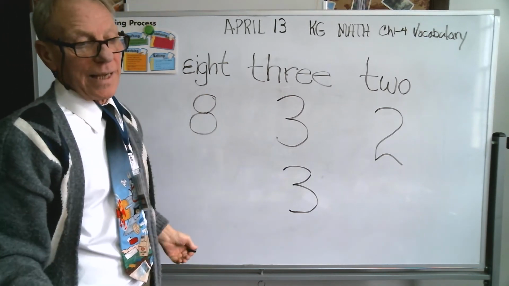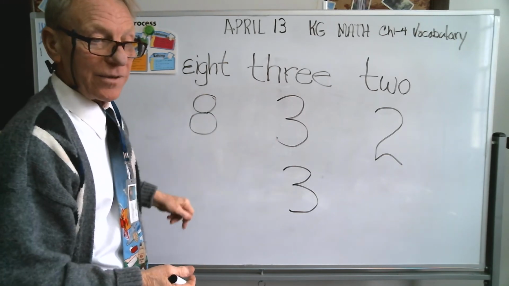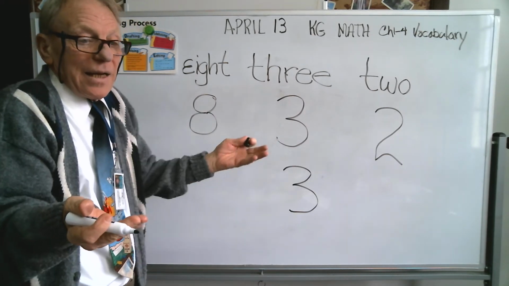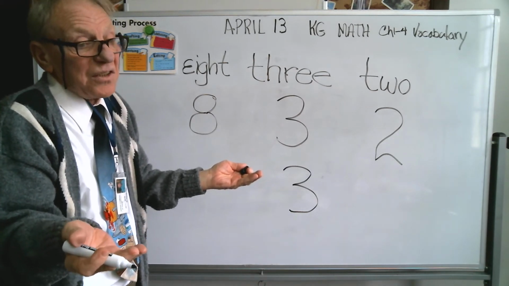Then the next word again is fewer. 3 is fewer than 8. I got 3 pieces of candy, I got 8 pieces of candy. 3 is less, it's fewer.